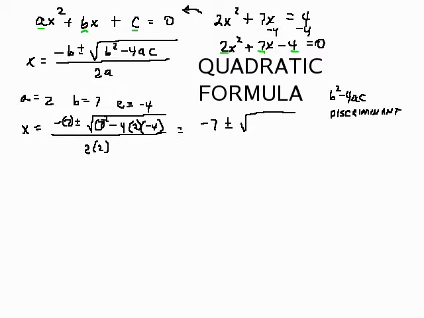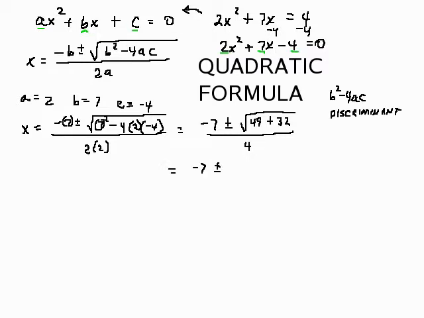So let's do that. Now, Aunt Sally would tell me to do the squaring first. So we would do the minus 7 or the 7 squared first to get 49 and then multiply next. So you would have minus 4 times 2 times minus 4 would be 8 times 4 I get is 32 all over 4. Let's keep going.